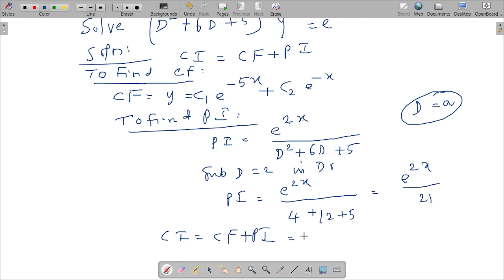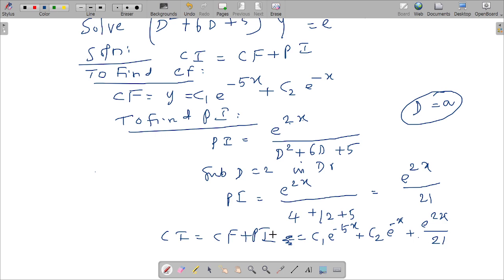So y equals c1 e power minus 5x plus c2 e power minus x plus e power 2x by 21.